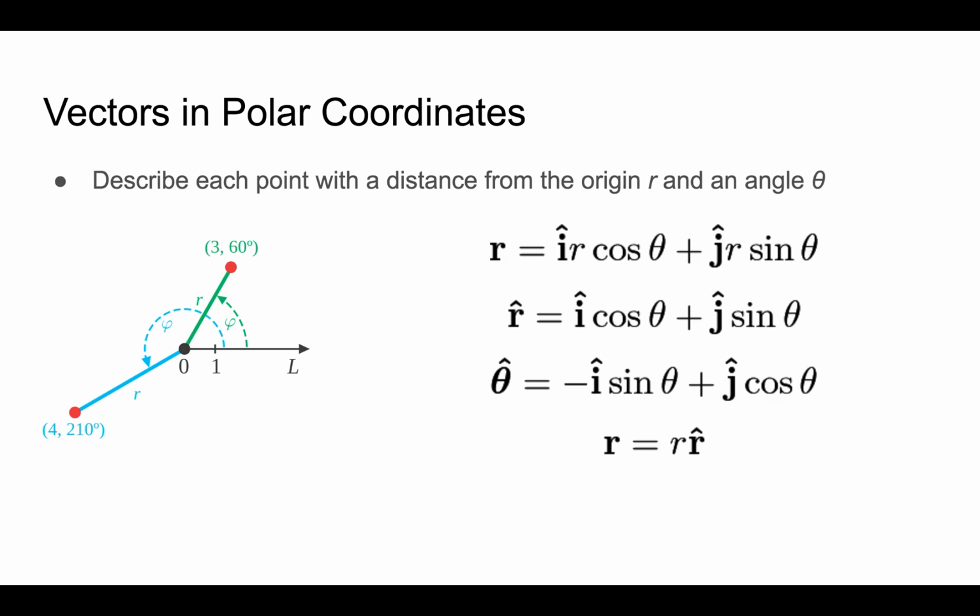We will return to r hat and theta hat later in this course when we describe rotations. Right now, if you're kind of confused about the way this works, that's okay, but make sure that you have a solid understanding of the Cartesian basis, i hat, j hat, and k hat, which are much simpler than r hat and theta hat.